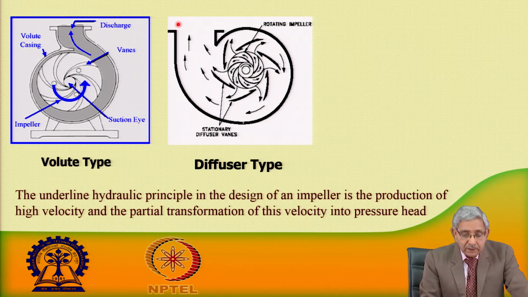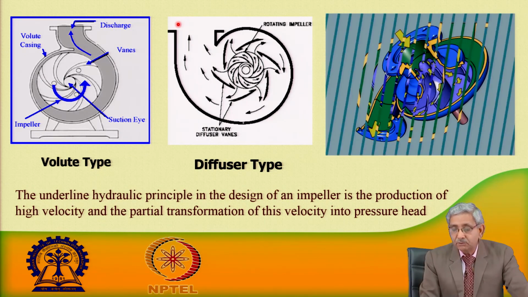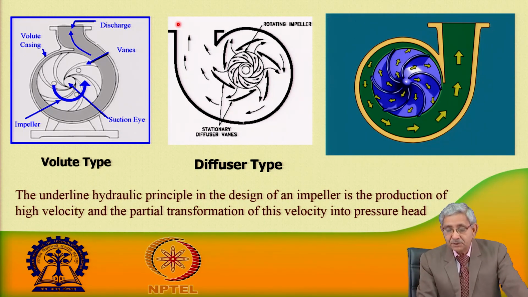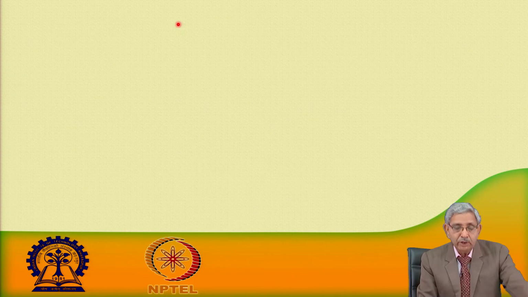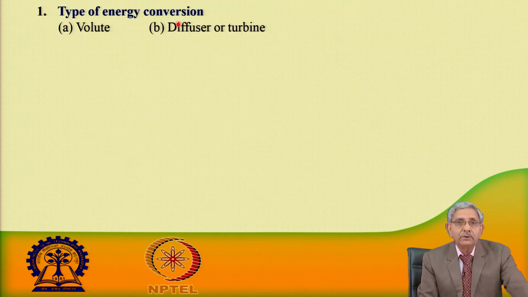So this is another arrangement of guiding vanes, the diffuser type of vanes, which cause the water to come inside the casing and then throw it out of the pump delivery ends. You can see the animation that shows how the water is being taken by diffusion in the volute type of spring vane.